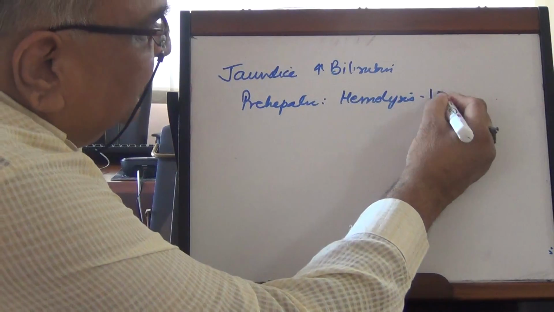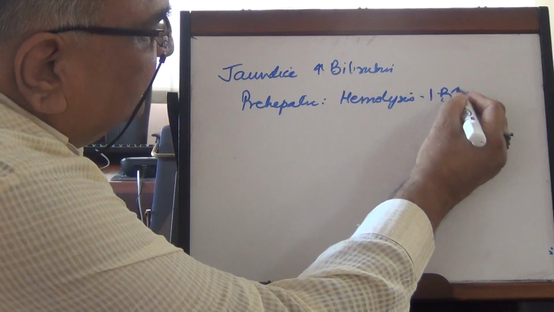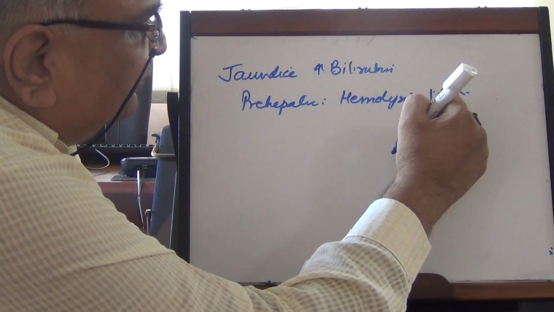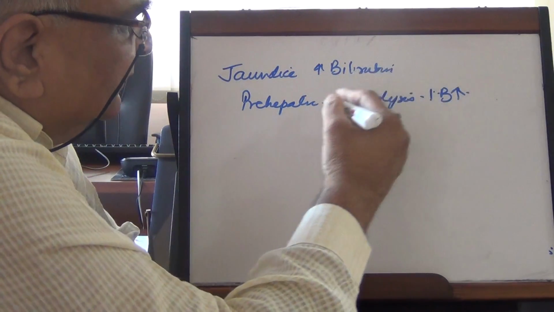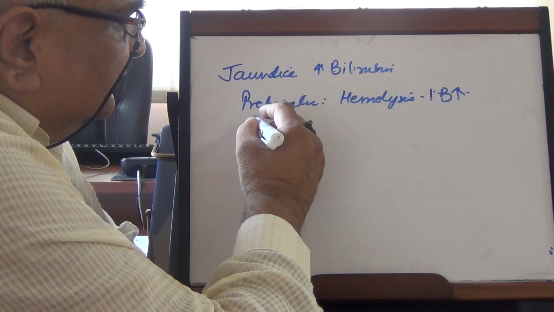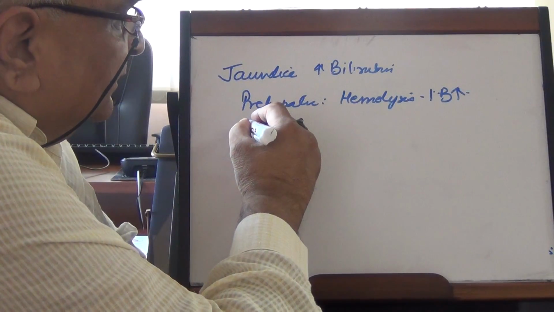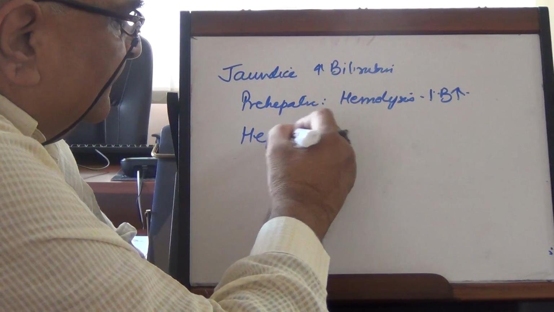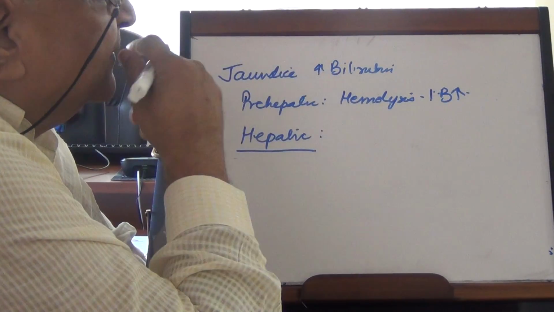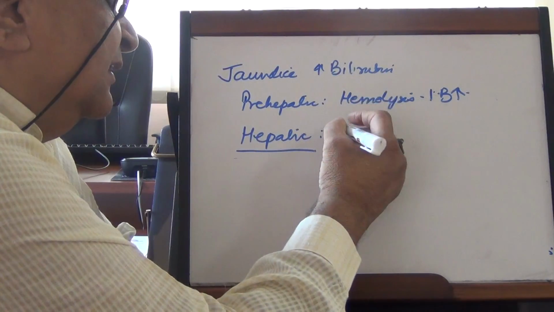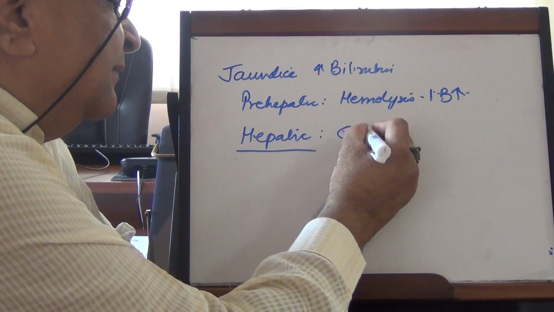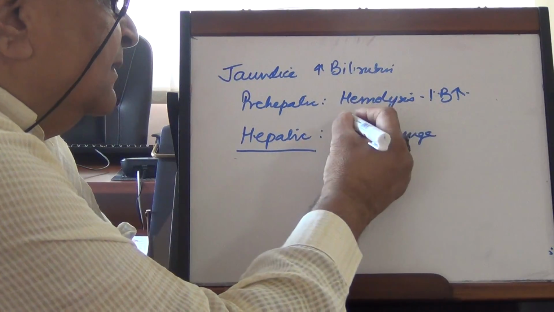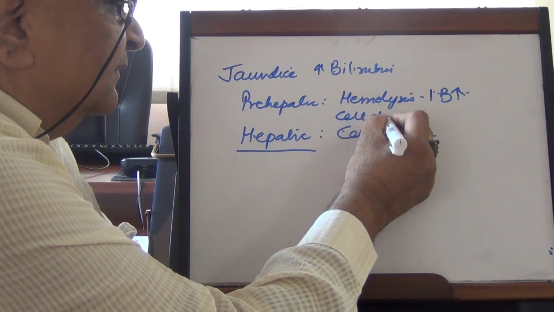When the indirect bilirubin is increased, because when the red cell is destroyed, the bilirubin is indirect. Then it can be hepatic, and hepatic is because of either cell damage or cell dysfunction.